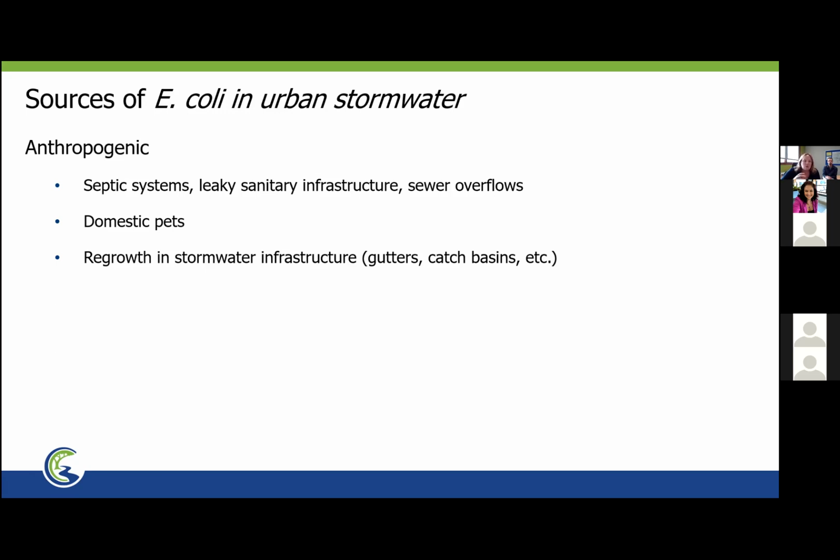And then more recently, there's been a body of literature looking at regrowth and resuspension of E. coli outside of the animal gut in our stormwater infrastructure, in our curb lines and gutters and catch basins and sumps and vaults, where we have nutrient-rich, muddy, organic material that's wet, and it fosters bacteria growth and regrowth, and then can be suspended and sent down to our receiving waters during storm events.